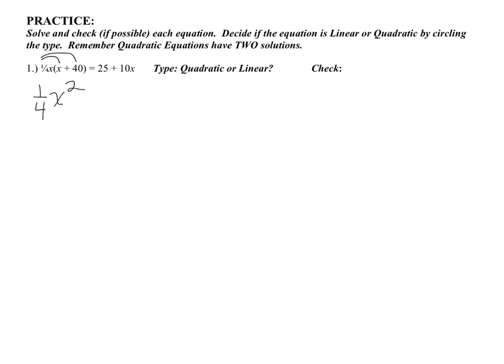And then 1/4 x times 40 gives me 10x, and that equals 25 plus 10x. So when you distribute, you get an x squared. So because I have an x squared, this is quadratic, which means there's going to be two solutions, okay? So from here, I would subtract 10x from both sides to collect the x's, and the x's will go away.